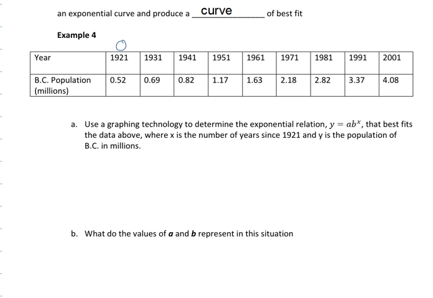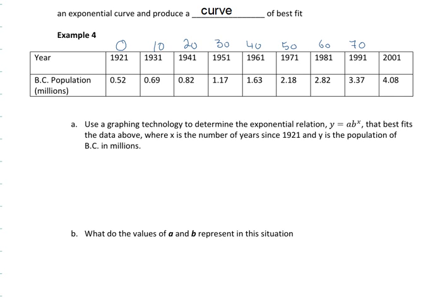So on the x-axis, you're not putting 1921, 1931, 1941. You're actually entering 0, 10, what would this be? 20, 30, 40, 50, 60, 70, and 80. Okay? So you have to read the question very carefully.